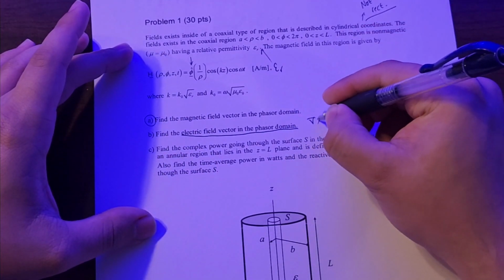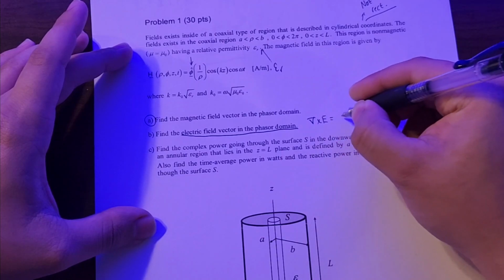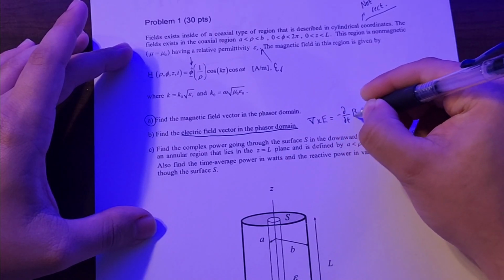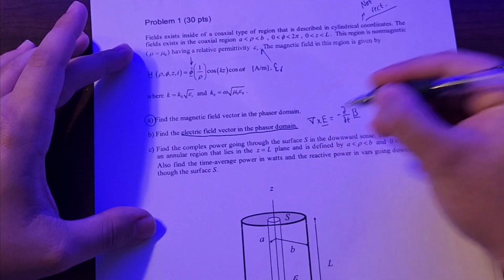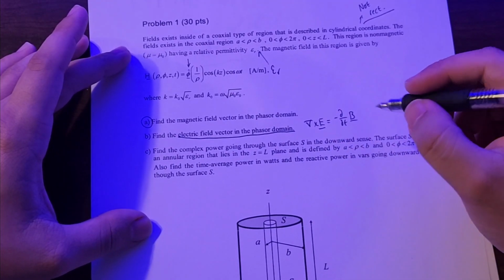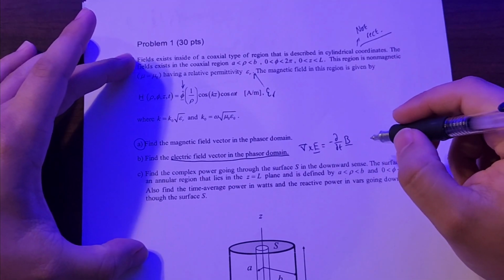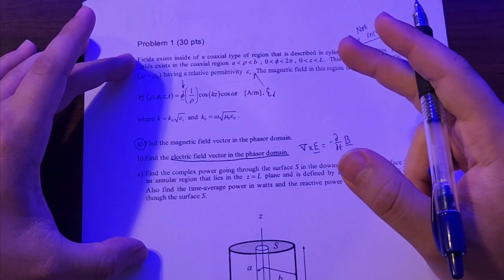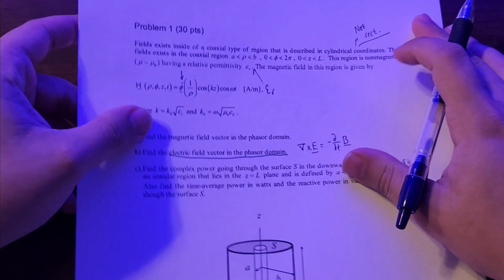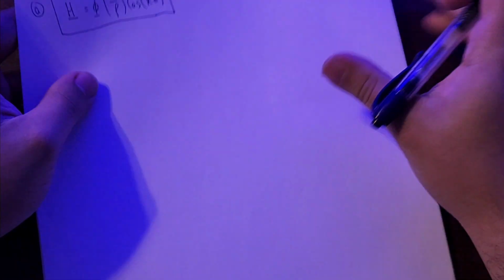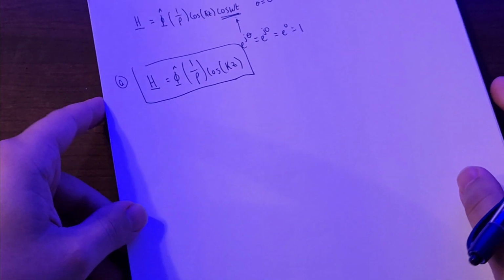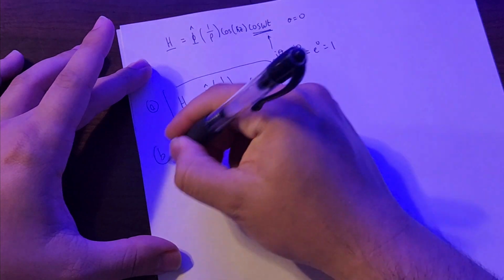We said the curl of E is equal to negative partial t of the B vector. Now, we have a very similar equation that goes the opposite way, namely Ampere's law.